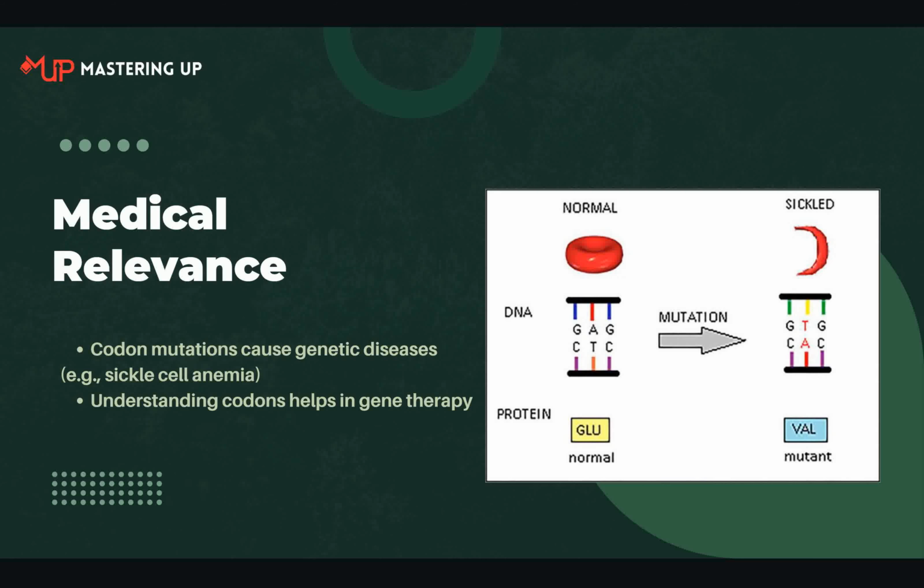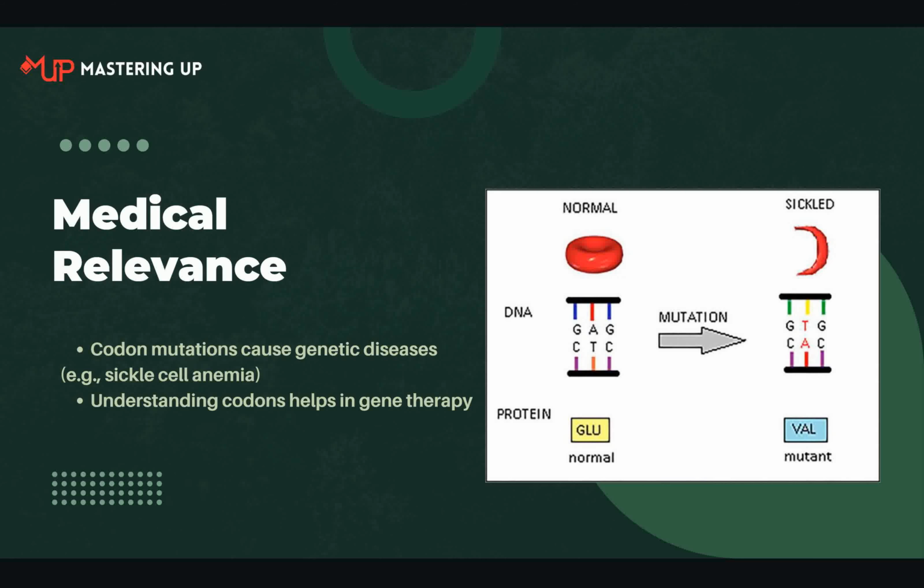When this nucleotide template is transcribed into mRNA, which is the complementary nucleotide sequence of the DNA template, the tRNA, which has the anticodon and brings the accurate amino acid, will bring that amino acid according to the codon present in the mRNA.